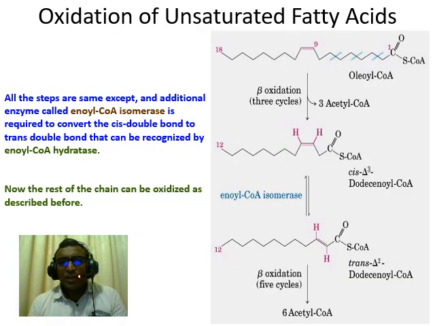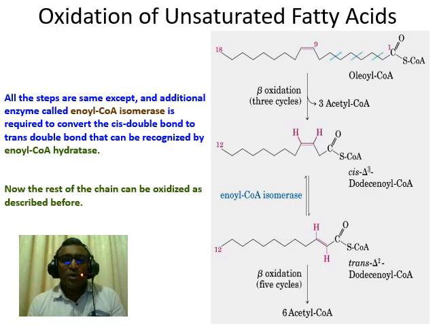Here we look at the oxidation of unsaturated fatty acid. Unsaturated fatty acid, such as oleic acid, needs to undergo beta oxidation up to the stage where the double bond is located. So you can see that 3 beta oxidation steps will be done before it reaches the double bond at carbon 9.